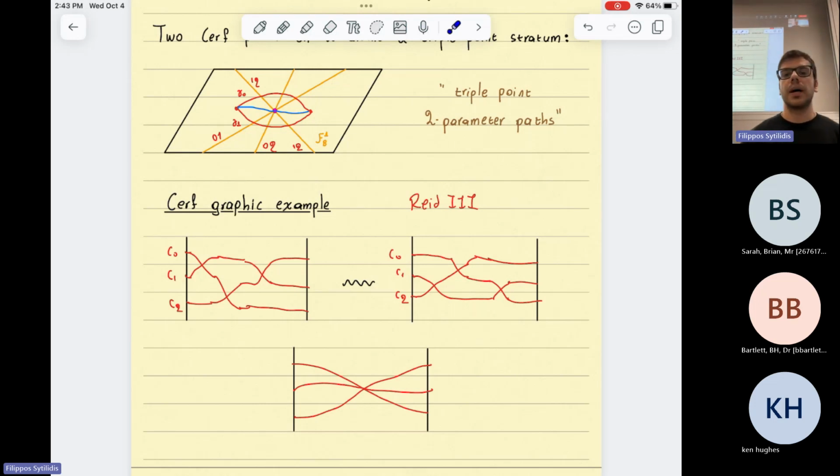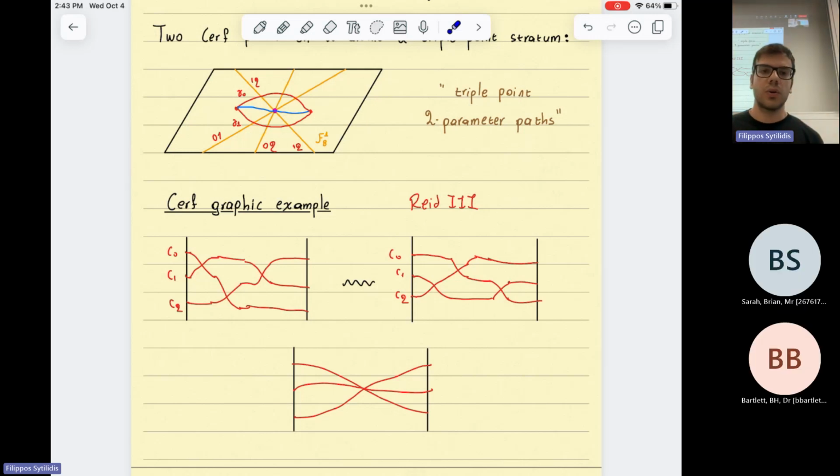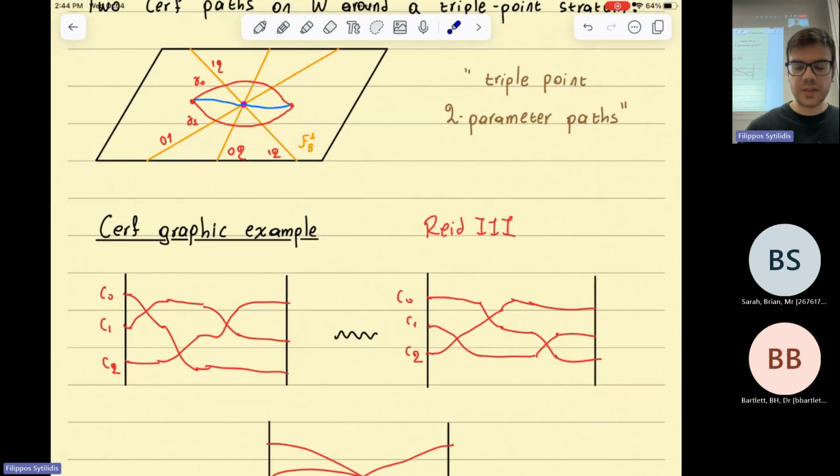Sorry, tell me, Filippos. What would happen if you had more than 3 F1 beta strata crossing at a point, or can't that happen? Maybe this is related to what Bruce was asking. Yeah, it can. Again, you have to take these pictures with a grain of salt, because they're 2-dimensional analogs of a very high-dimensional thing.